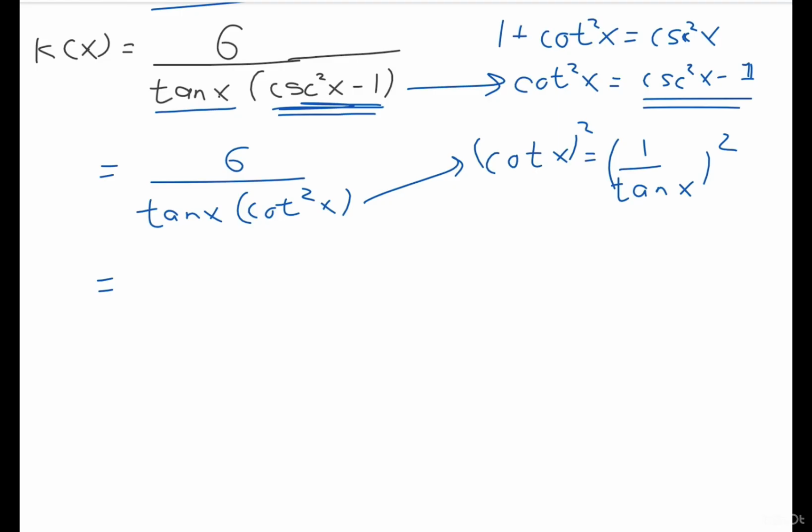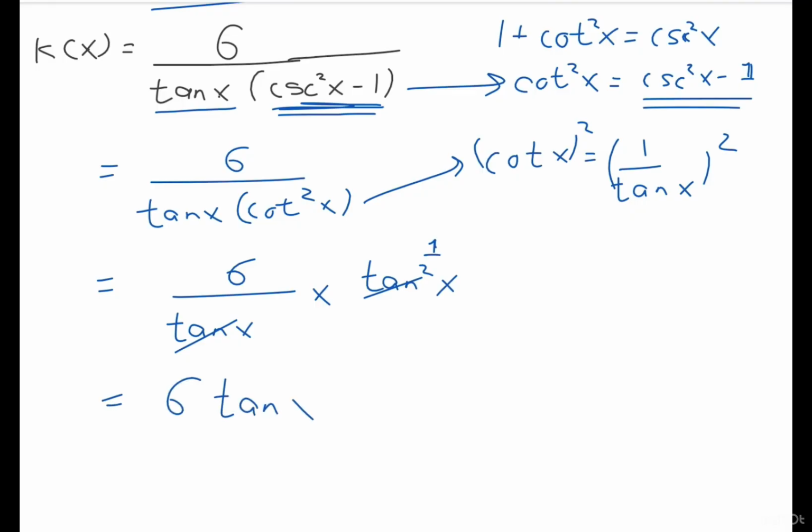So I now have 6 over tangent of x, you take the reciprocal, so I have times tangent square x. Now we have everything in tangent. I simply cut them off, so I cut this here, I cut this, I get a power 1 here. So I now have 6 times tangent of x, which should be your answer because we have followed all the rules. Let's move on to the final part.